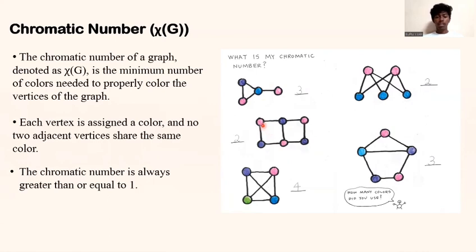And in this example, the chromatic number is also 2. Here the pink's adjacent colors are blue and blue, so they are not the same colors. So it is a proper coloring. Here it is blue, and here it is also blue, because they are not adjacent.